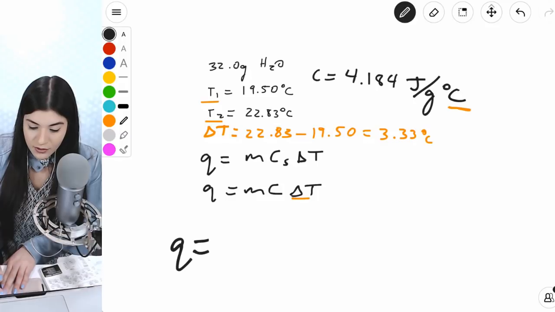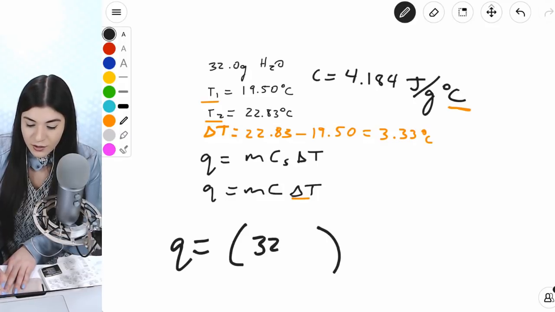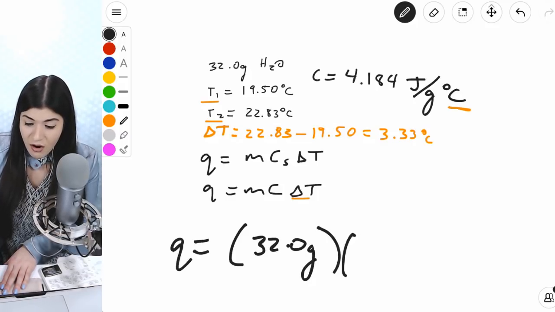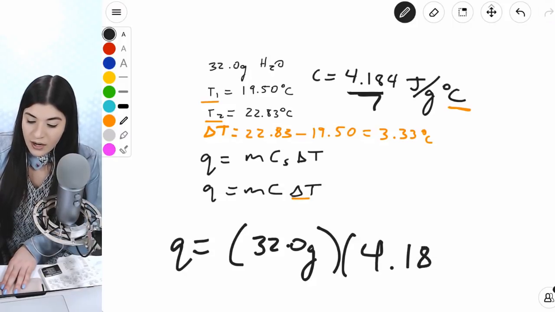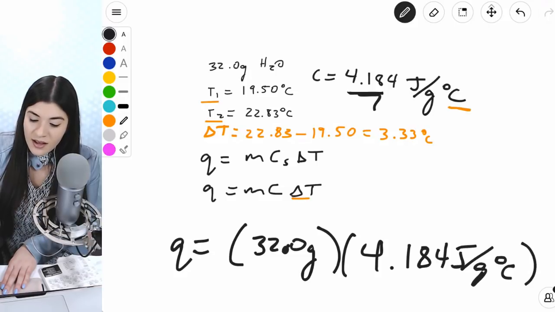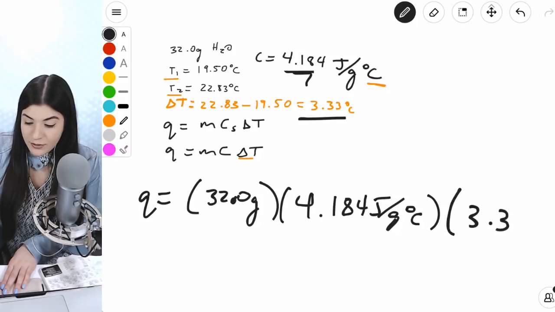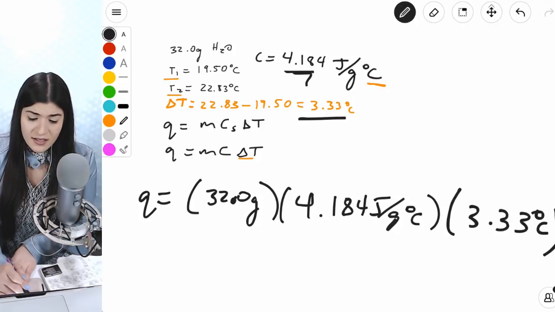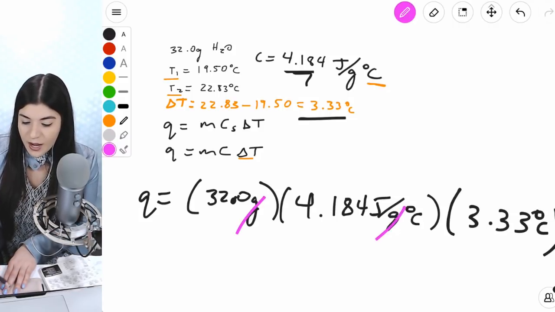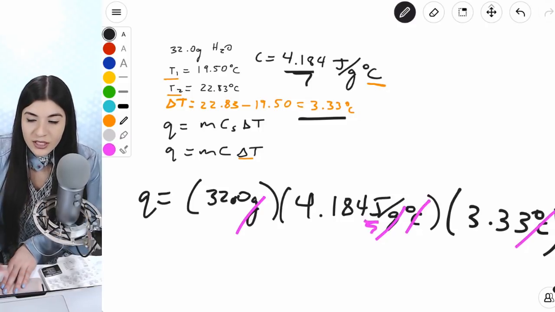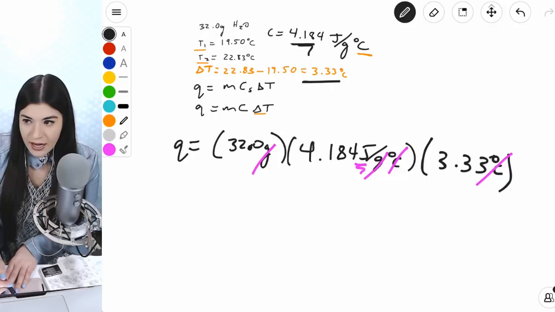So Q is equal to our mass of water was 32.0 grams. Our specific heat capacity, now that we know that, is 4.184, and that's joules per grams Celsius. And I'll multiply by our change in temperature. So this would have been 3.33 degrees Celsius. You'll notice that your grams would cancel, Celsius and Celsius, and we're left with joules, which is what heat is measured in.